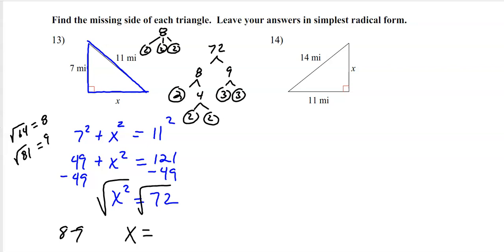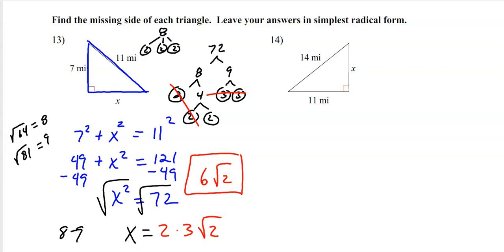If you want a shortcut like that, I don't really care. That's fine. But when you do this, you get a pair of 2s, a pair of 3s, and a loner 2 for a grand total of 6 square root of 2. And that should come out to be some decimal between 8 and 9.